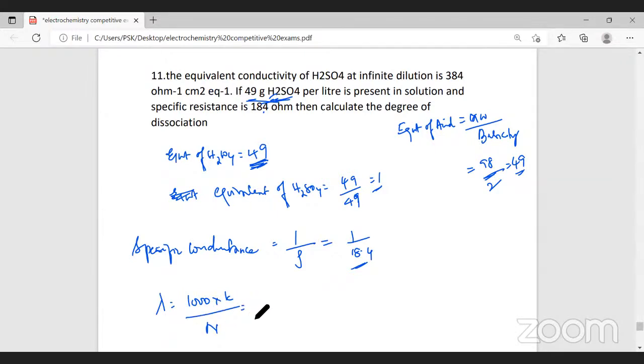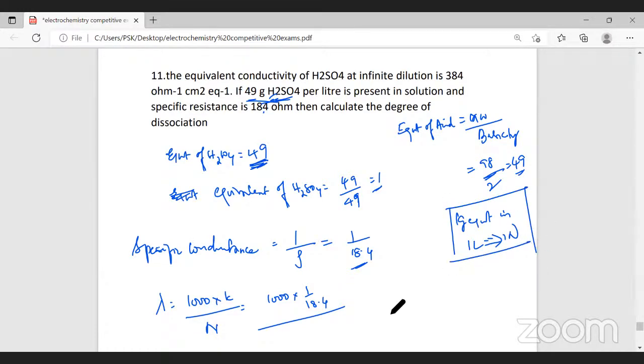So it is 1000 into 1 by 18.4 divided by normality. They have not given any normality here, but they have given 49 grams of sulfuric acid per liter. 1 gram equivalent weight in 1 liter is nothing but 1 normal. So normality is taken as 1. Therefore, equivalent conductance, you get 55.